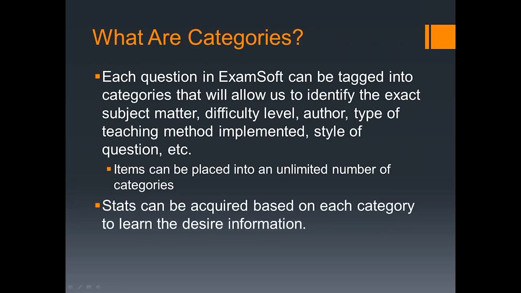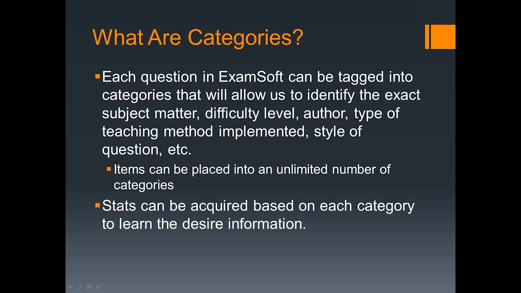So first of all, again, just a quick housekeeping item of what are categories for those of you that aren't familiar with categories. In your ExamSoft browser, there's three main areas. There's your questions and your assessments, which if you do use ExamSoft, I'm sure you use quite often. And then there is the categories section, which is separate from those two.